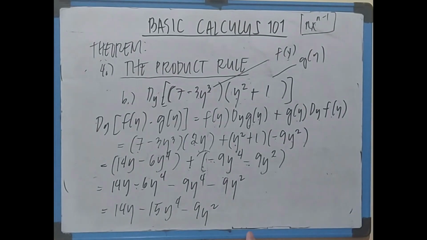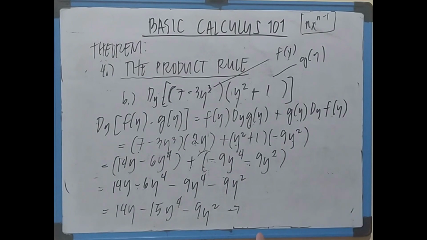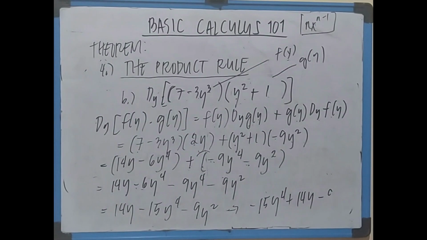Or if you wish to arrange it from highest exponent going to the lowest exponent, this becomes negative 15y raised to 4 plus 14y and then minus, dapat ang mauna pala is the 9y squared.